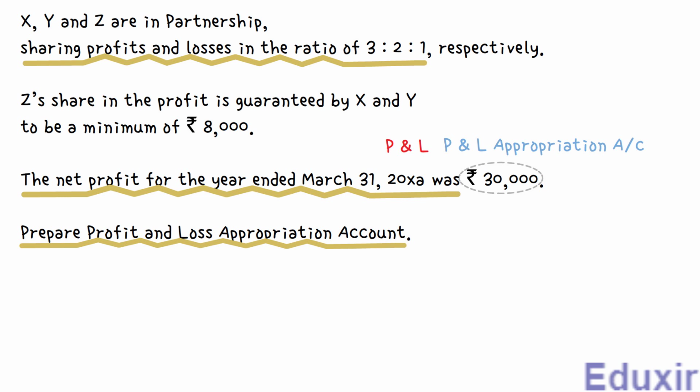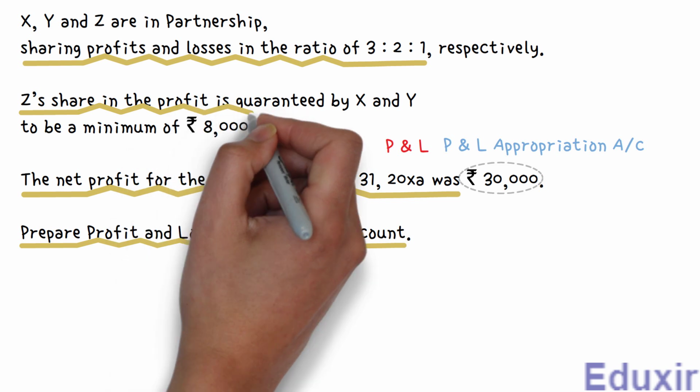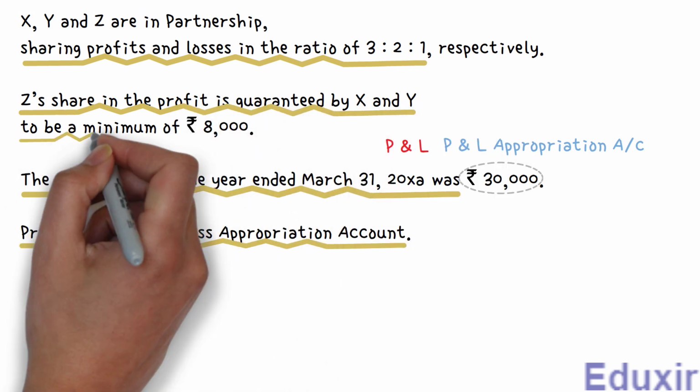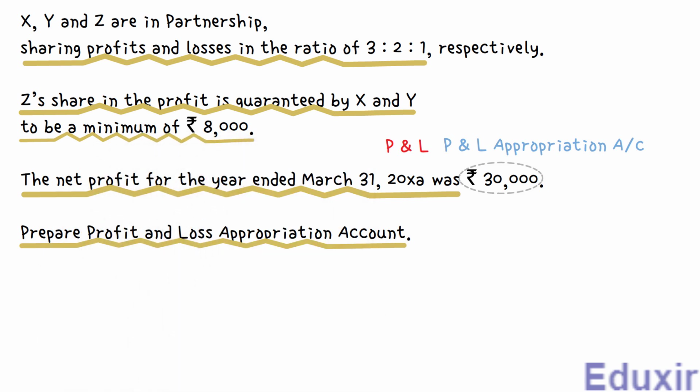Before we proceed with the calculation, there is one thing worth noticing here. It is given that the partner Z is guaranteed by the other two partners X and Y that he would get a minimum profit of 8,000 rupees. It can be more than 8,000 rupees, but it should not be less than 8,000 rupees. And if there is any deficiency, it would be borne by the other two partners X and Y.